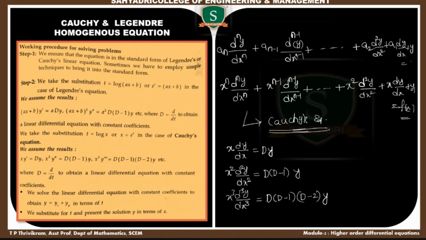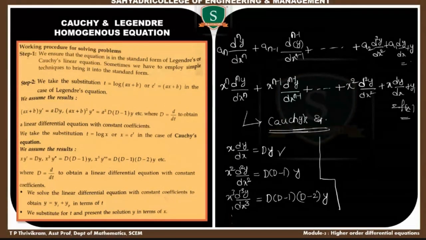Like this it will continue for fourth order, fifth order, like that. Then we are going to replace these values in the given differential equation. And if you are changing derivatives, the variable also should change.